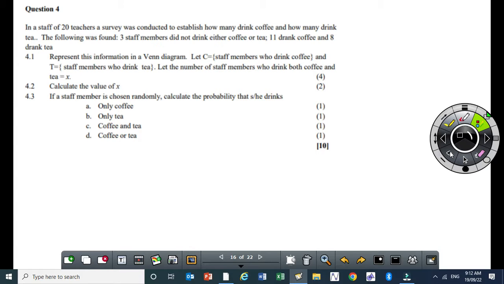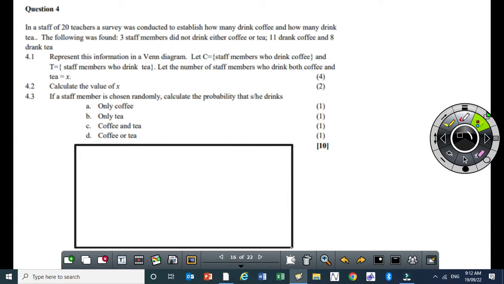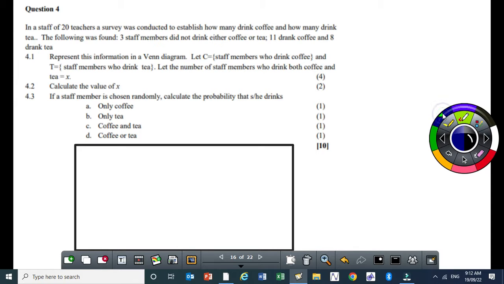Let me make it a little bit clearer. Okay, so we've got our sample space there.